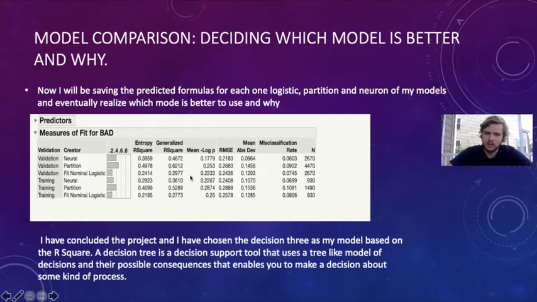And let's talk more about the decision tree. The decision tree is a decision support tool that uses a tree-like model of decisions and their possible consequences that enables you to make a decision about some kind of process.